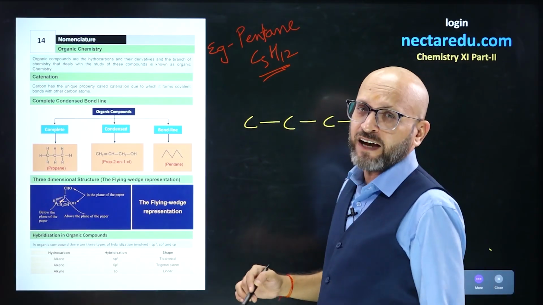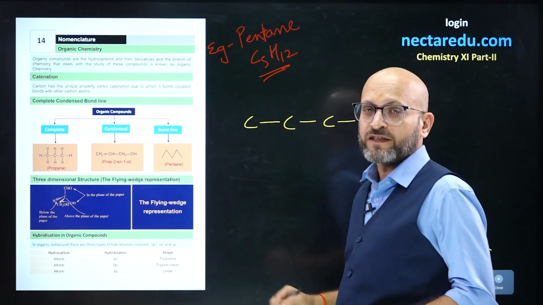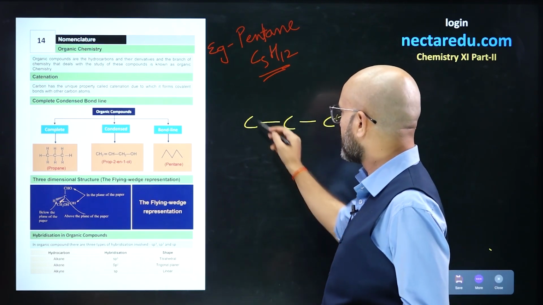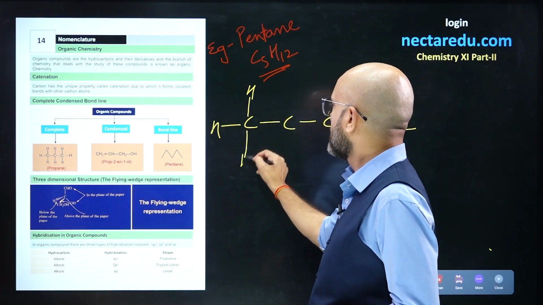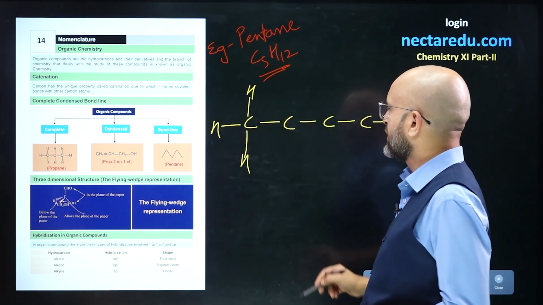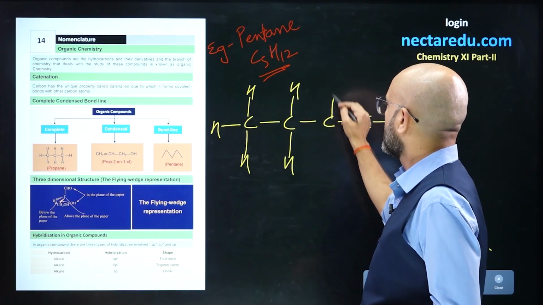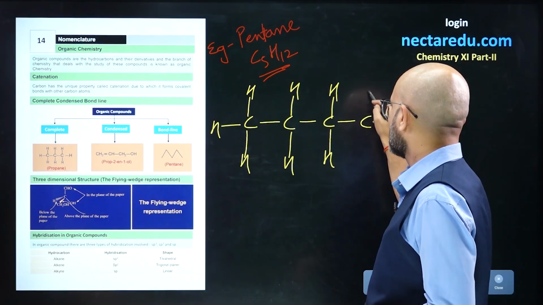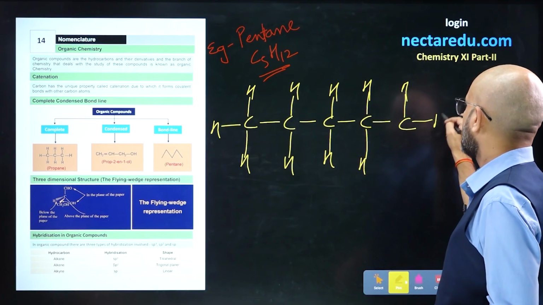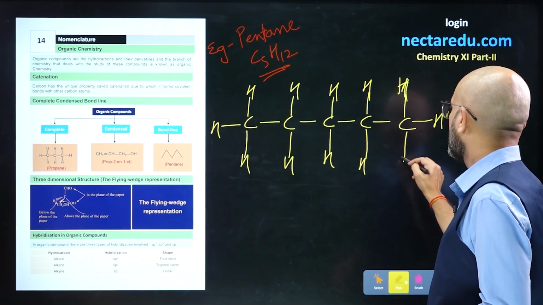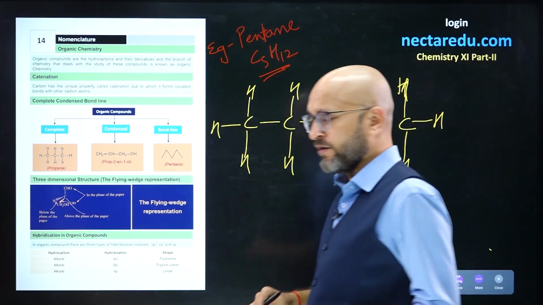Each carbon must have 4 bonds. So, one bond of this carbon is formed with the other carbon, and the remaining bonds are formed with hydrogen. Next, these 2 bonds this carbon has, and the additional bonds are formed with hydrogen. So, this is the complete structure of pentane. All the bonds I have shown over here.